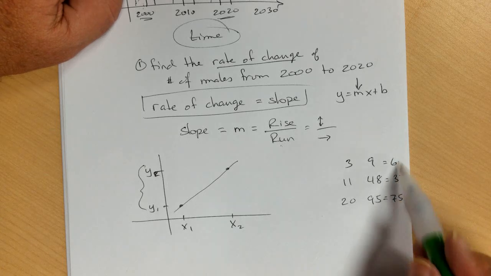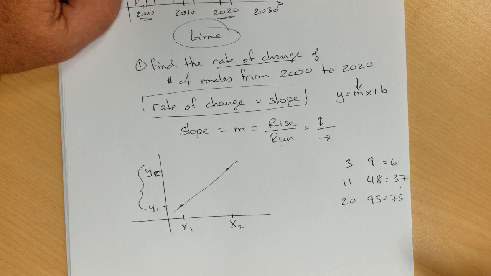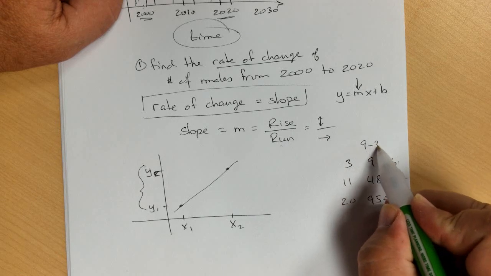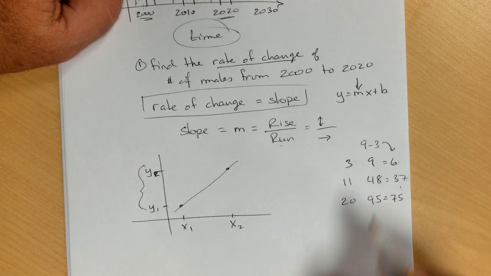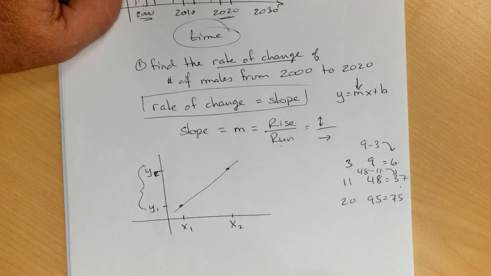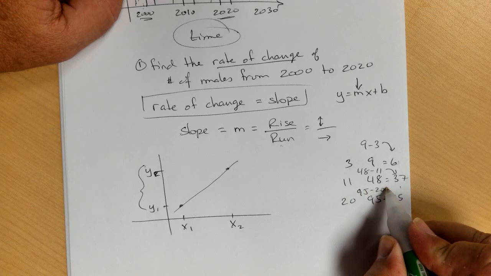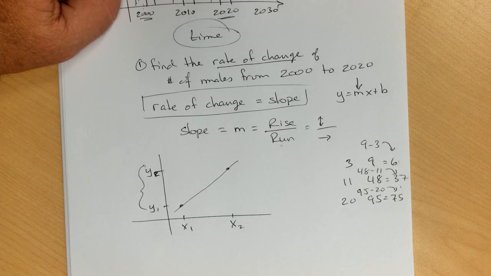So how do I get these numbers? With these two numbers, how do I get these numbers? Nope. 9 minus 3 equals 6. 48 minus 11 equals 37. 95 minus 20 equals 75.